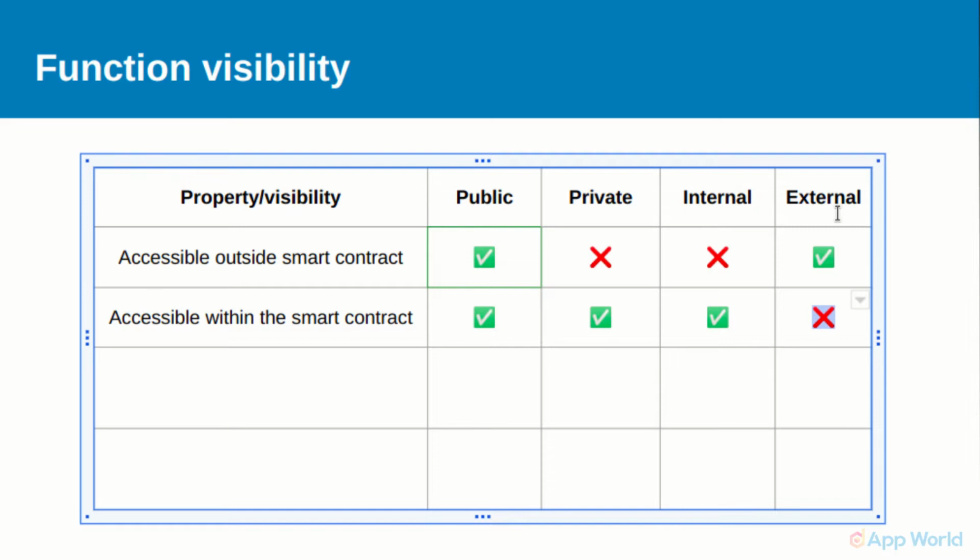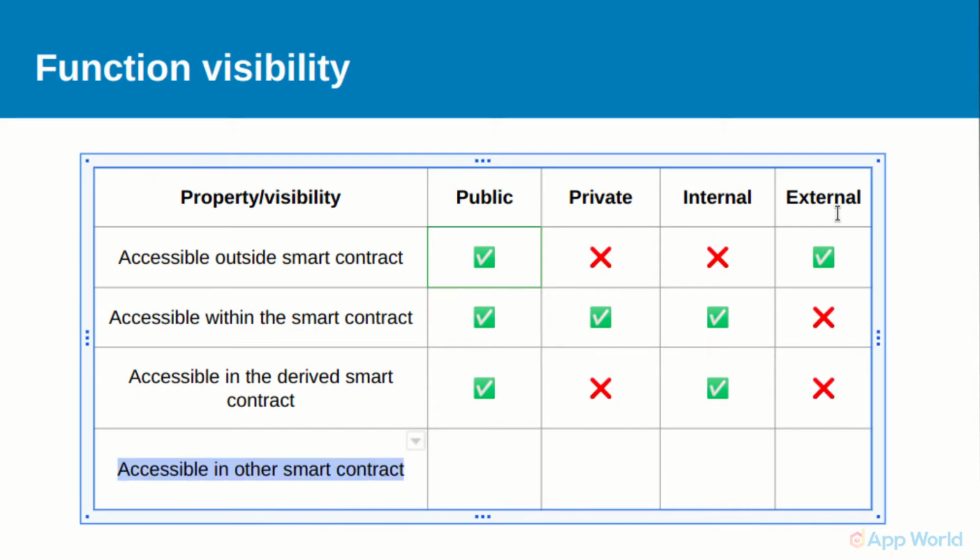Just now in the last tutorial we discussed inheritance, so which function visibilities can be accessed in the derived smart contract? If the functions are declared as public or internal, then they can be accessed in the derived smart contract. If the function is declared as private or external, then the function cannot be called or accessed in the extended or derived smart contract. And now what about the other smart contracts?